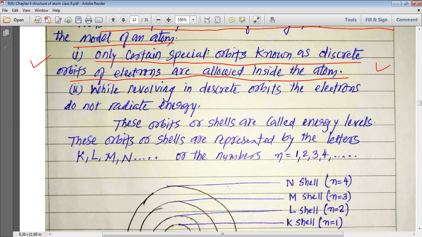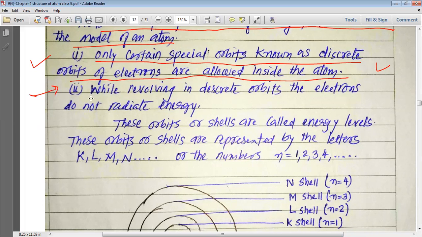Please remember that only certain spatial orbits. See, he used the word spatial orbits, but he did not specify what spatiality was there. But he said only certain spatial orbits, and then gave them the name discrete orbits. Only certain spatial orbits known as discrete orbits of electrons are allowed inside the atom.